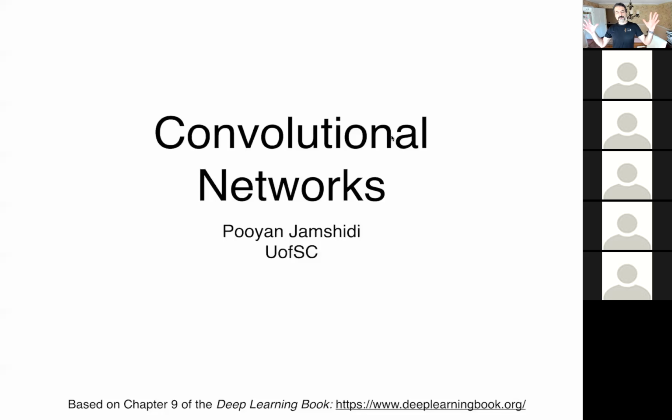Basically, convolutional neural networks are the ones that have been deployed a lot in practice, and that's why they are the most popular type of neural architectures.